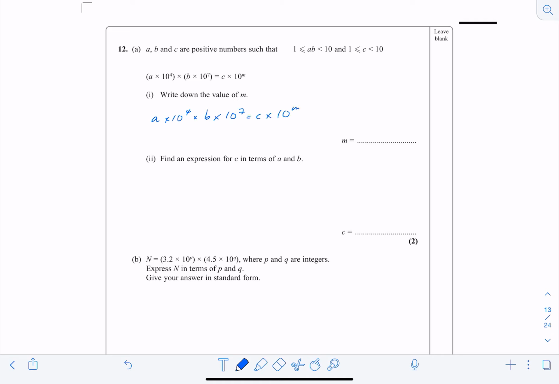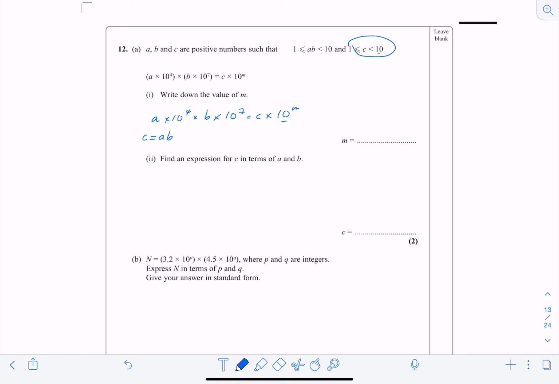Now, I know that I can just say that C equals AB, because C is between 1 and 10. It's less than 10, so it can't affect my numbers here.